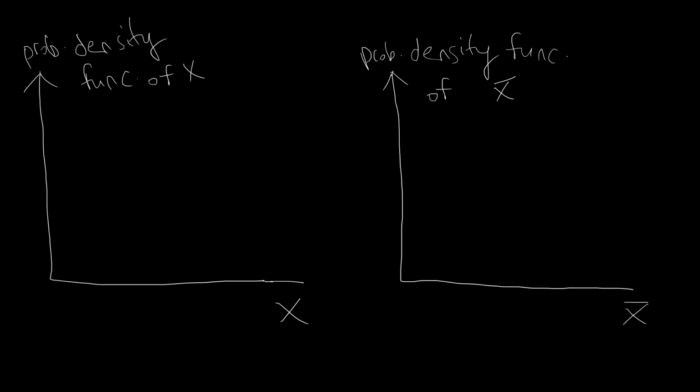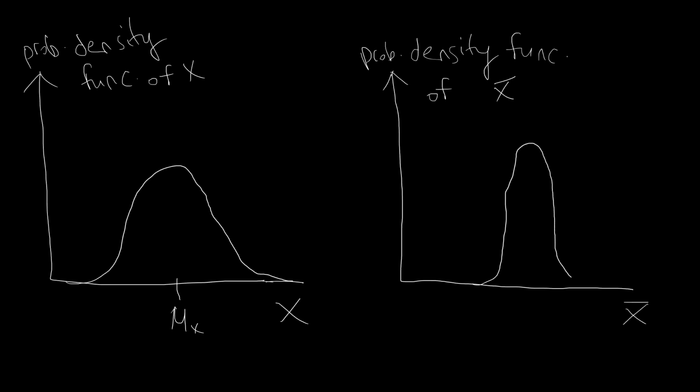Okay, so now notice that for the one on the left hand side, this is our distribution for x, that is our random variable, and this is mu x, the population mean. And on the right hand side, I'm going to draw the distribution for x bar, that is our estimator. Okay, cool. So this is our estimator.